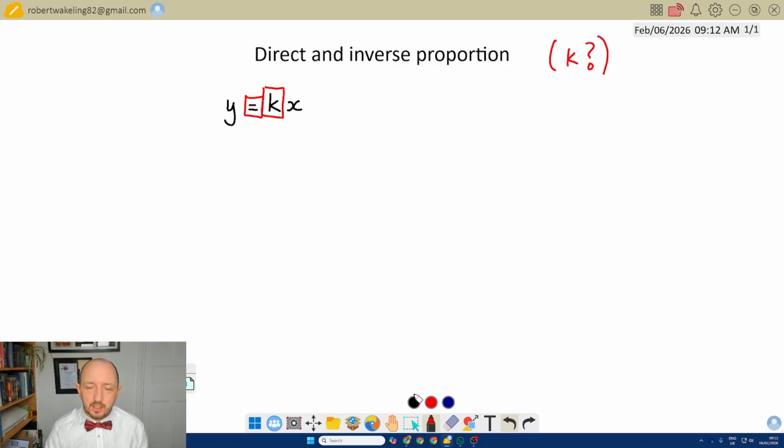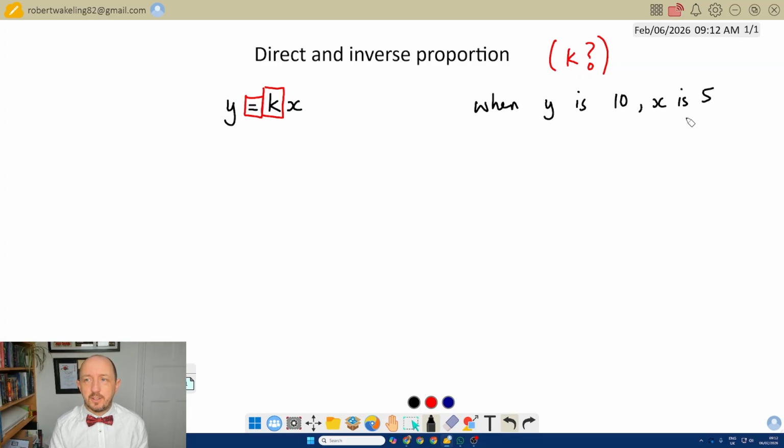All right. So at the moment, there's no way of knowing what k is. It could be literally anything. So they will give you some information, when y is 10, x is 5, or something like that. Any kind of numbers, it's not really important.